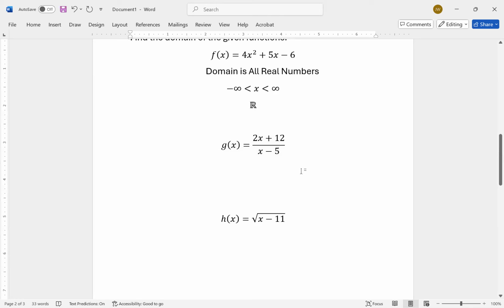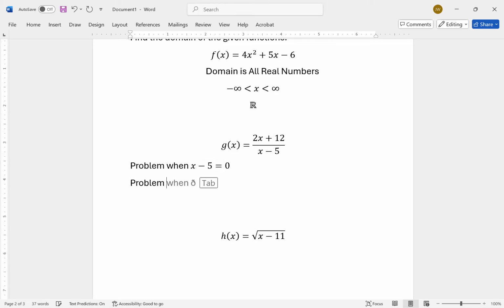However, we could divide by 0 when our denominator becomes 0. So in other words, we're going to have a problem when x minus 5, our denominator, is equal to 0. So we have a problem when x is equal to 5.